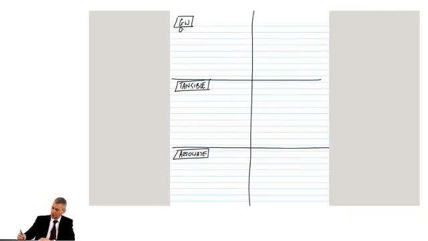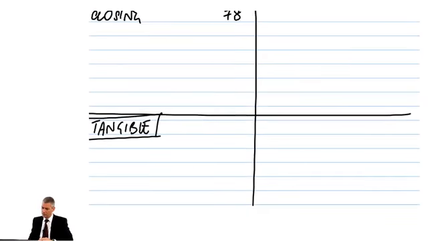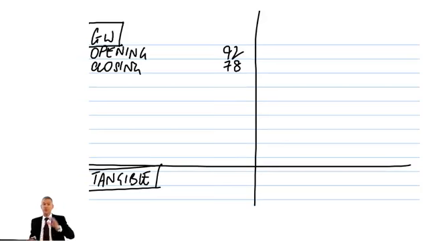So writing it out in full, opening, closing. I used to have 92, I now have 78. I am going slightly squiffy trying to look at that tiny writing, so let's come back in again to full scale. There it is. So I used to have 92. I now have 78.